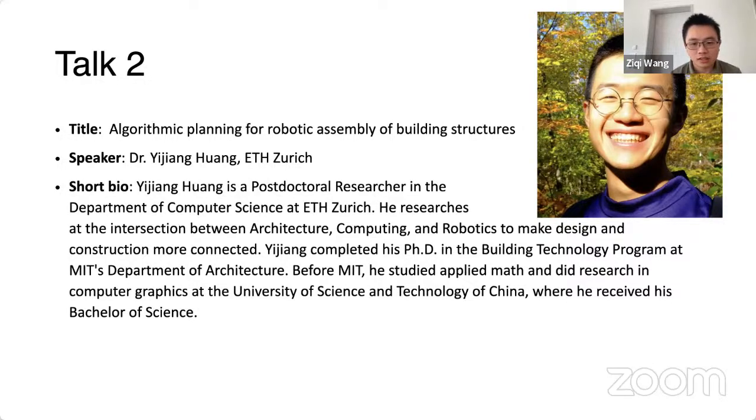Yi Zhang got his PhD in the Building Technology program at MIT's Department of Architecture. Before MIT, he studied applied math and did research in computer graphics at the University of Science and Technology of China, where he received his Bachelor of Science. Today's talk is about algorithmic planning for robotic assembly of building structures. So Yi Zhang, the floor is yours.